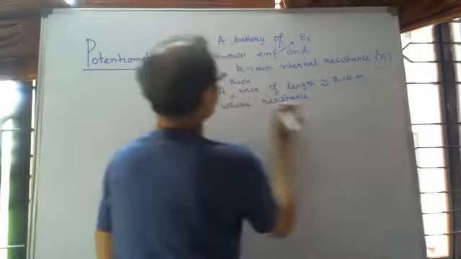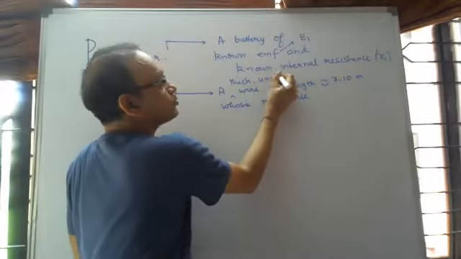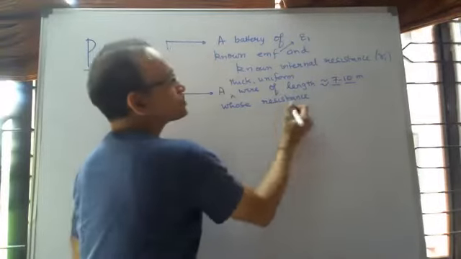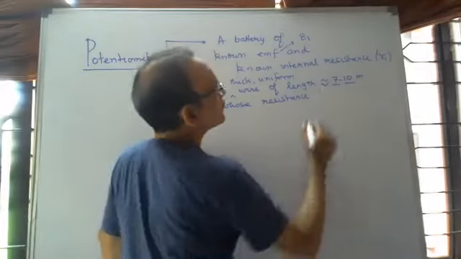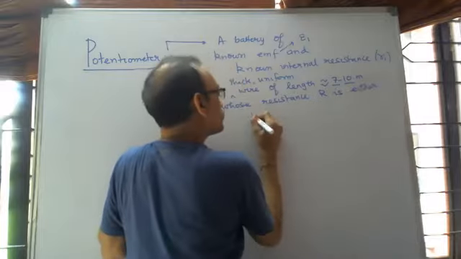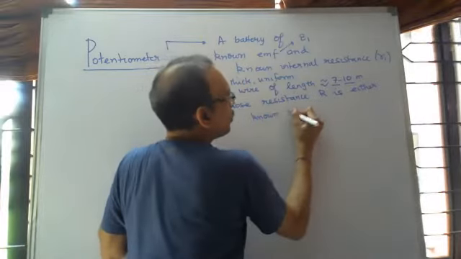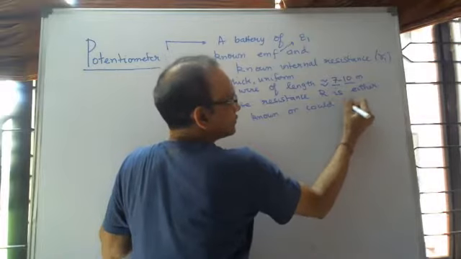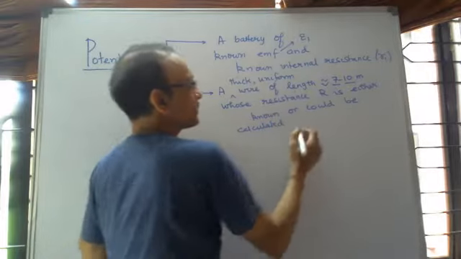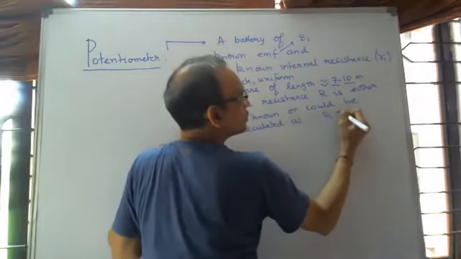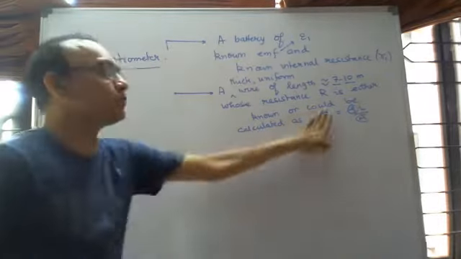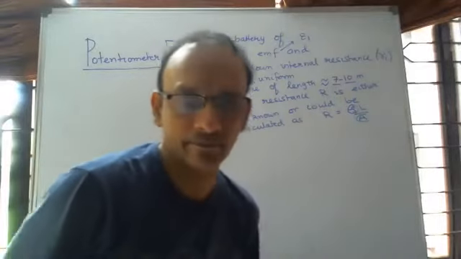It should be a thick uniform wire, so that the area of cross section stays the same. Of length 7 to 10 meters, whose resistance R is either known or could be calculated as R equal to rho L by A, where L is its length, rho is the resistivity, and A is the area of cross section.